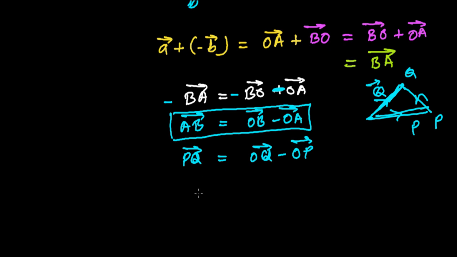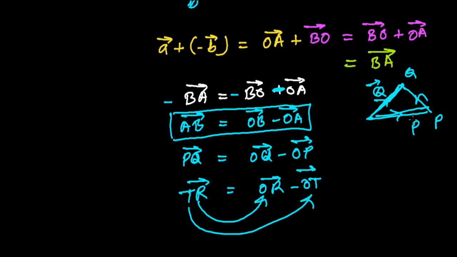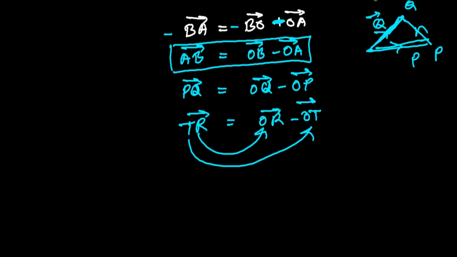Similarly, let's say I want to write TR. So TR represents OR minus OT. The second will be at first and the first will be at second position. If you want to draw the figure, it will be something like this. Just draw from the origin.